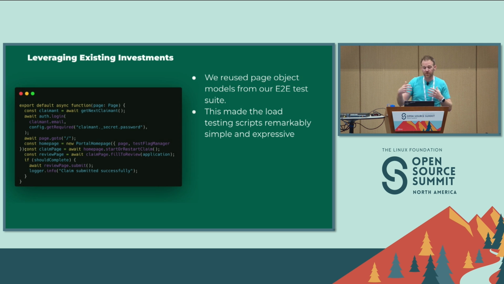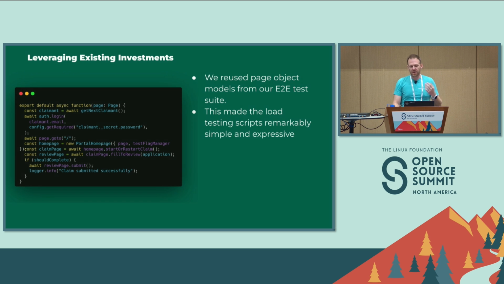Then we fill to review. So we're telling our page object models what we need them to do, and the page object models behind the scenes know how to translate that into button clicks in a browser. I want to be very clear about that because it is actually a browser opening and then clicking on a button, going to a URL, doing all the things that a user would do.